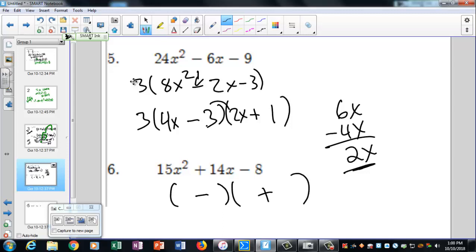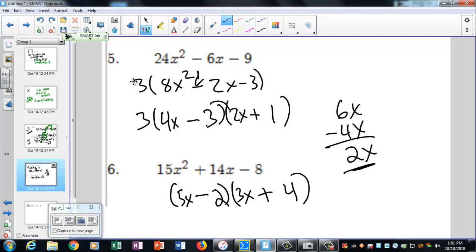What gives me 15x squared? 5x and 3x. I don't know how many of you play chess, but if you do, you might know the importance of thinking ahead a little bit. I'm going to think ahead a little bit, and I'm going to put the 4 here and the 2 here.